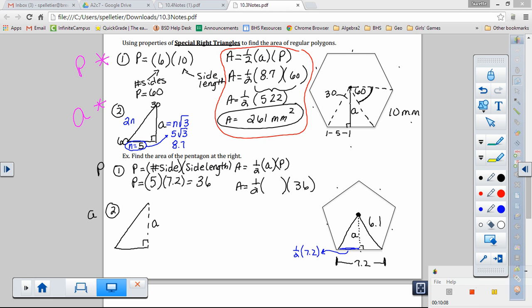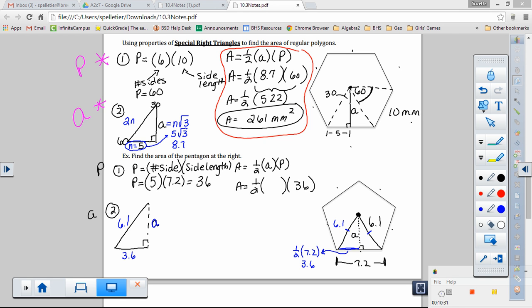Half of 7.2 is 3.6. Okay, so let's label that over here. 3.6. Fantastic. I'm looking for my apothem. And if this segment here is 6.1, then this one has to also be 6.1. So I'm going to put it here, 6.1.